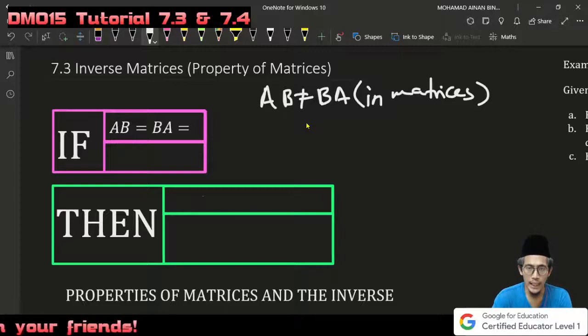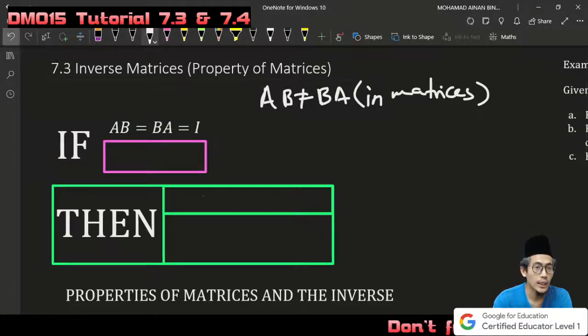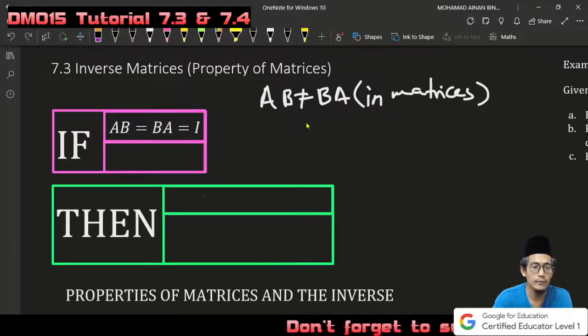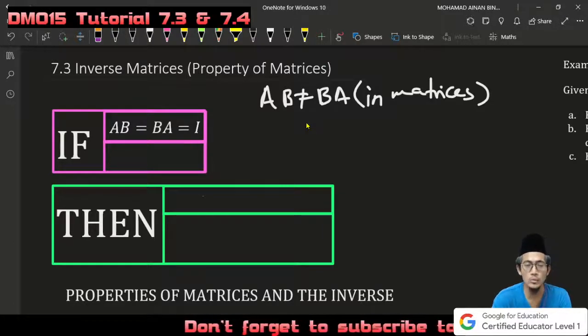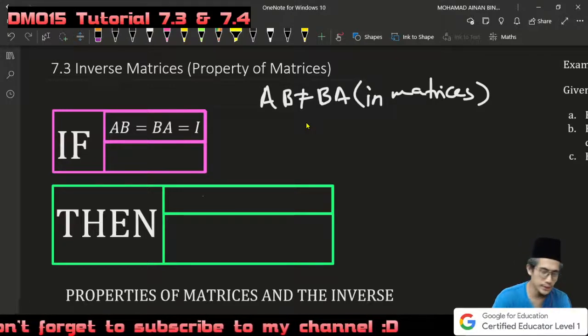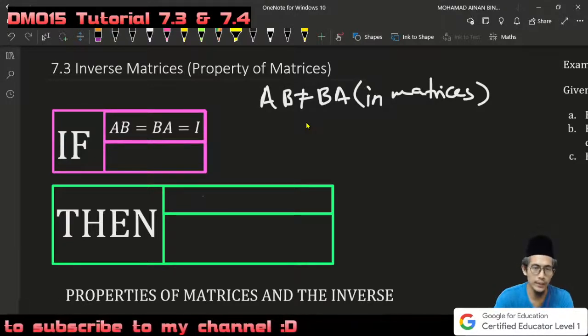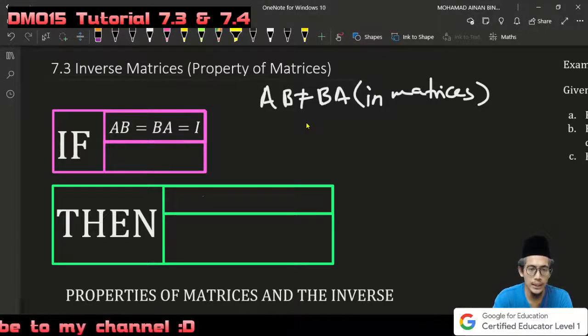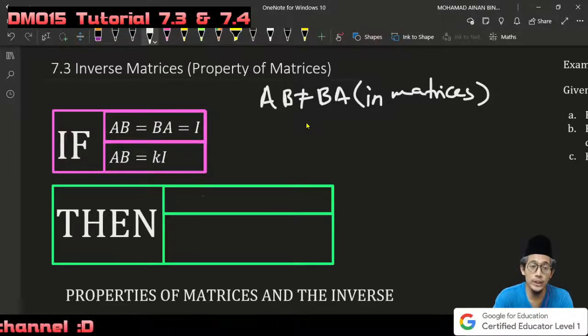But, dia ada but. They will be the same if dia sama dengan I. Kalau dia sama dengan I, baru boleh A multiply B or B multiply A. Kalau dia tak cakap sama dengan I, tak boleh. Dia tak reversible.